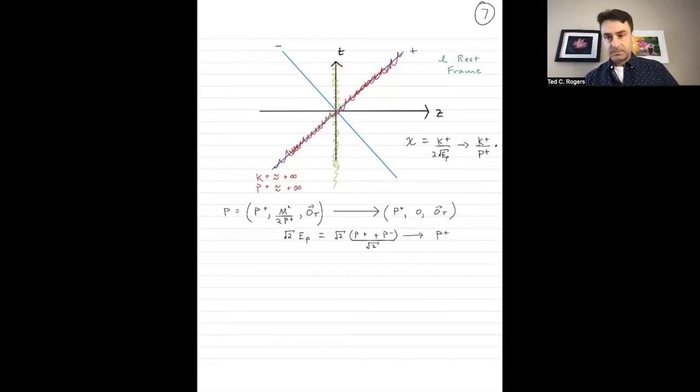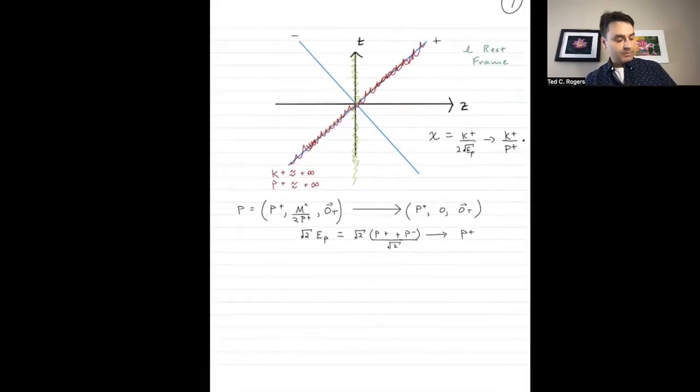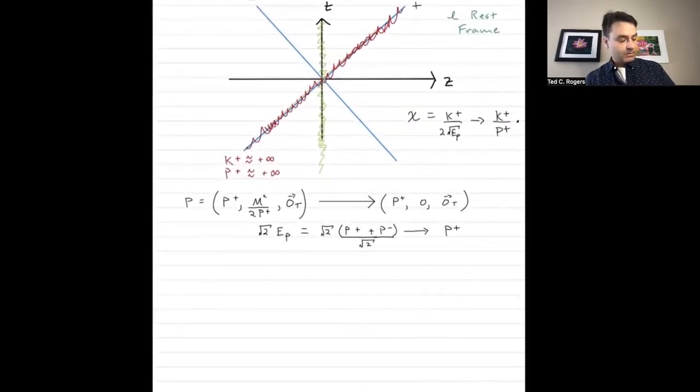Actually, the easiest approximation that you can see is what happens with the components of the proton's momentum in light cone variables. Okay, if the proton as a whole now is moving very rapidly in the z direction, its z momentum is very large. Okay, the plus component is energy plus z component divided by √2. And so the plus component is going to infinity as we imagine this proton going closer and closer to the speed of light.